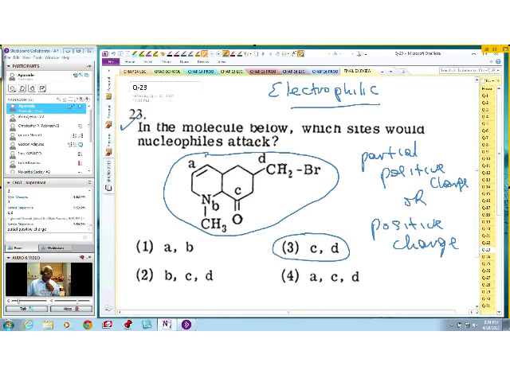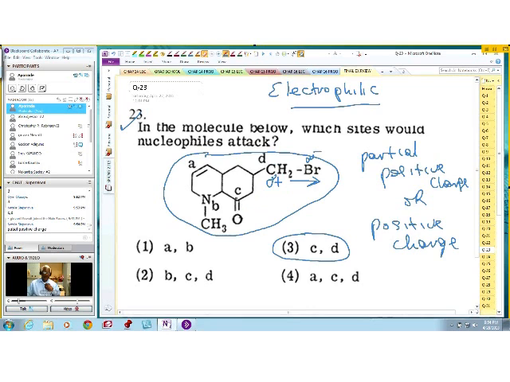Okay. Because in D, the bromine atom is more electronegative than the carbon atom, so it is pulling electrons away to itself. So this carbon will be partially positively charged. Of course, this will have a partial negative charge. So this carbon will be electrophilic.